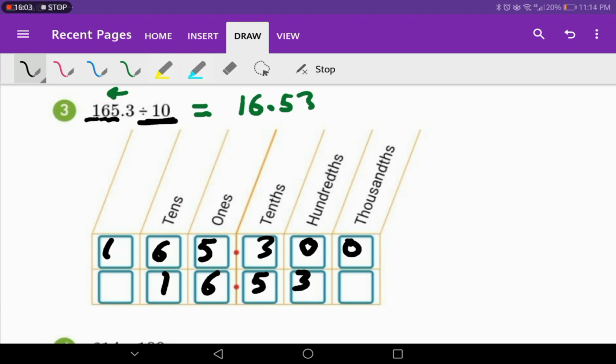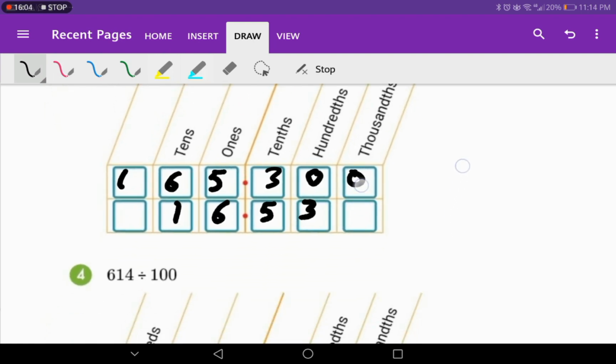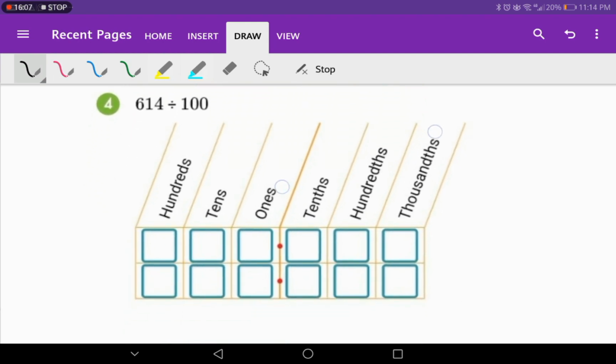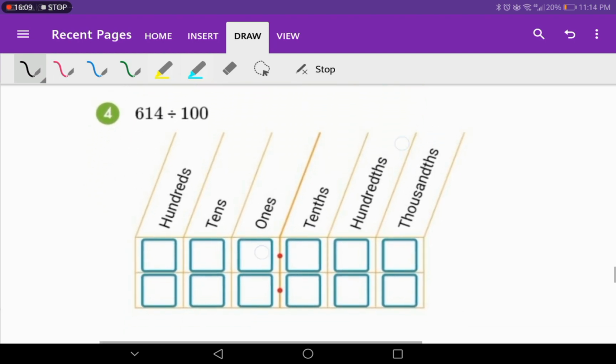Okay, my dear student. Now we divide by 100. That means it will be smaller. So teacher, there is no decimal point here. No, there is one here, but it is hidden. When I divide by 100, it moves two steps, 1, 2, because it will be smaller.